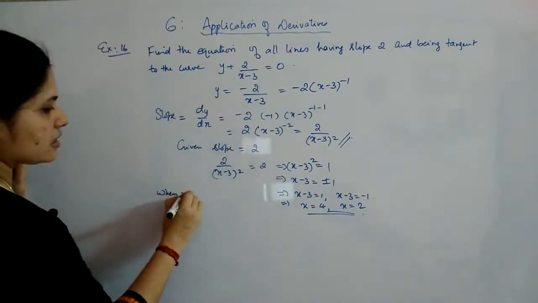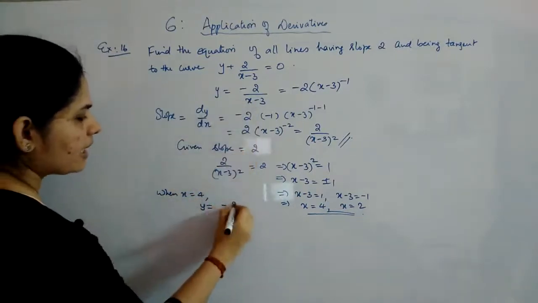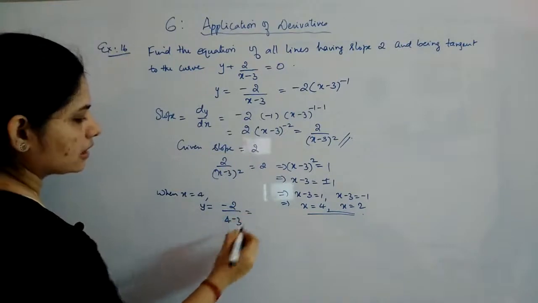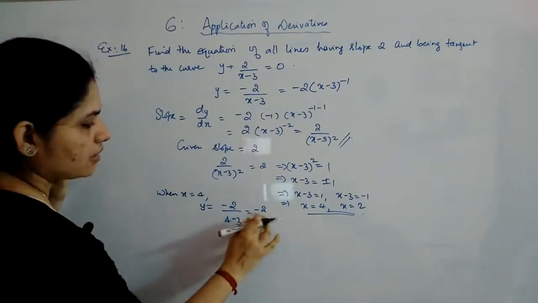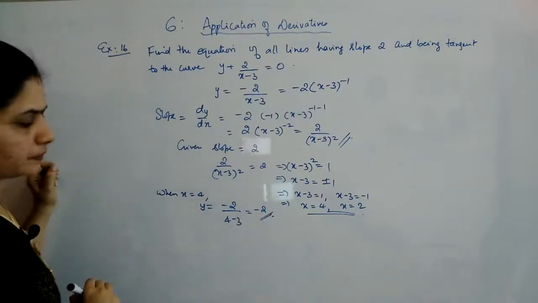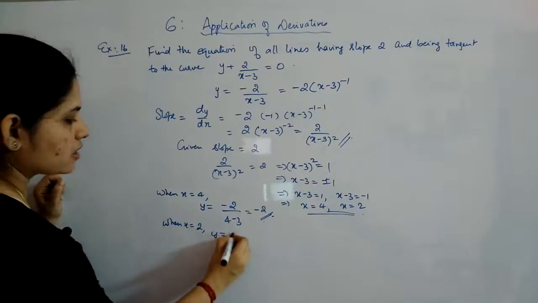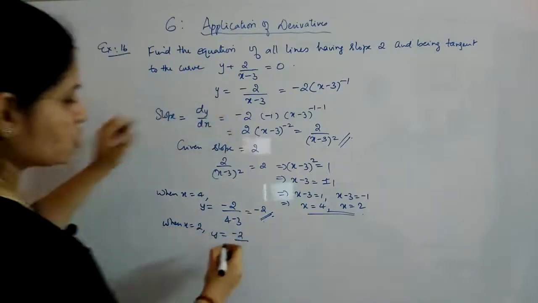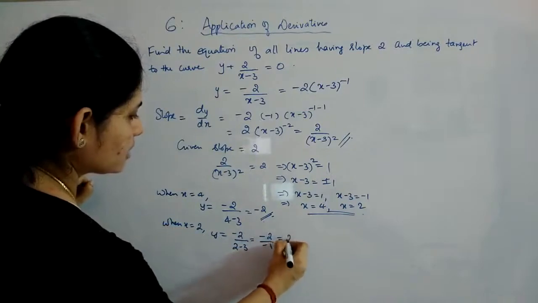So when x is equal to 4, y is equal to minus 2 by 4 minus 3, which is minus 2 by 1. So you are getting y to be minus 2. And when x is equal to 2, y is equal to minus 2 by 2 minus 3, which is minus 2 by minus 1, that is 2.